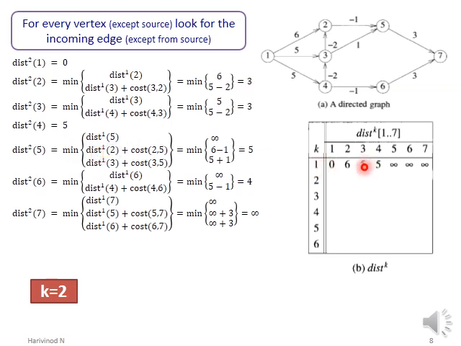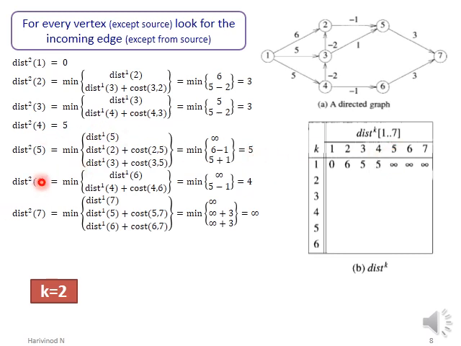Distance of 2, earlier 6, plus cost of 2 to 5, which is minus 1, so 6 minus 1 is 5. Similarly, distance of 3 is 5 plus 1, which is 6. Altogether the minimum of infinity, 5 and 6 is 5. So distance of 5 is updated as 5.